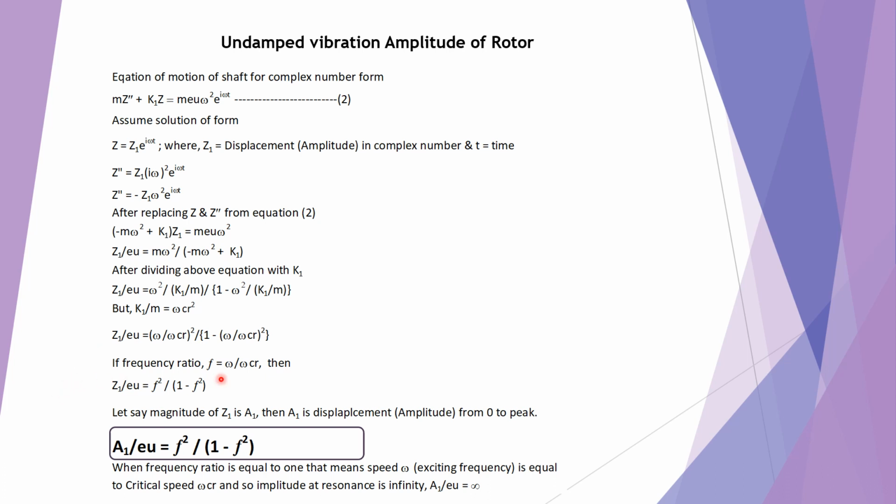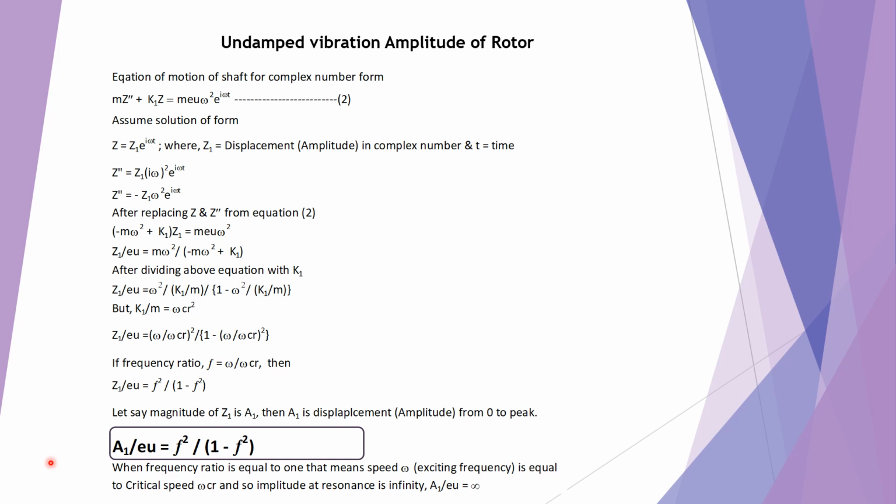If frequency ratio F is equal to ω/ωcr, then z1 upon eu is equal to F² upon (1 − F²). Let's say the amplitude or magnitude of z1 is A1, where A1 is the displacement or amplitude from zero to peak. So we can write A1 upon eu is equal to F² upon (1 − F²).